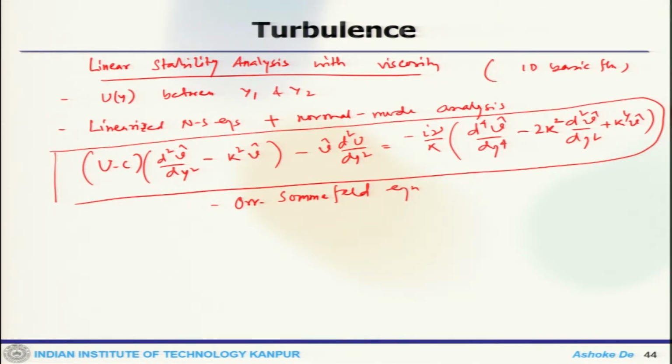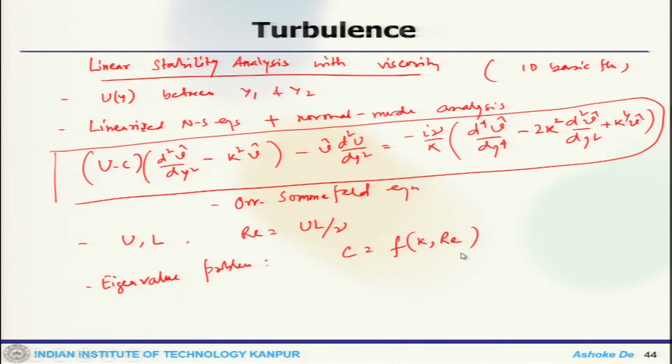Now, in dimensionless form, if we use the velocity U and length scale L, we can use Re as UL by nu. So, my eigenvalue problem essentially becomes c equals f of k and Re.